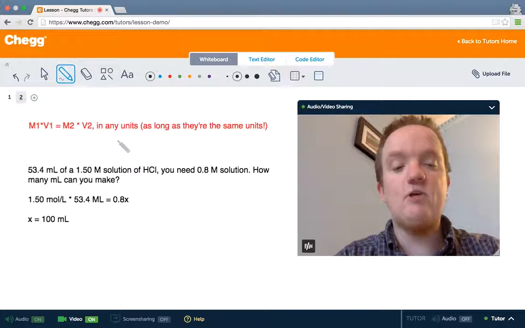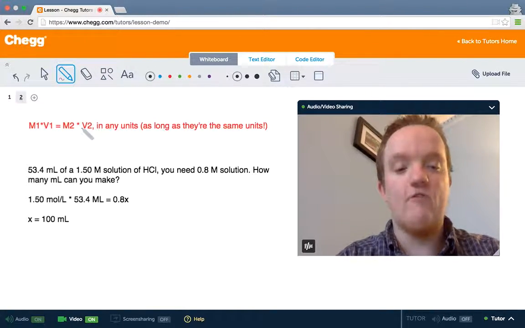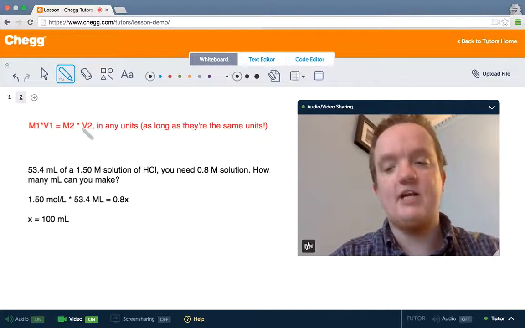So even though molarity is in moles per liter, as long as the volume is in the same units, you don't have to convert to liters to determine the volume of solvent you need to add. If you are calculating the number of moles of solute, then you really do need to convert to liters, but in general you don't need to, and more commonly you might work in units of milliliters in common lab experiments. Let's look at a specific quantitative example.